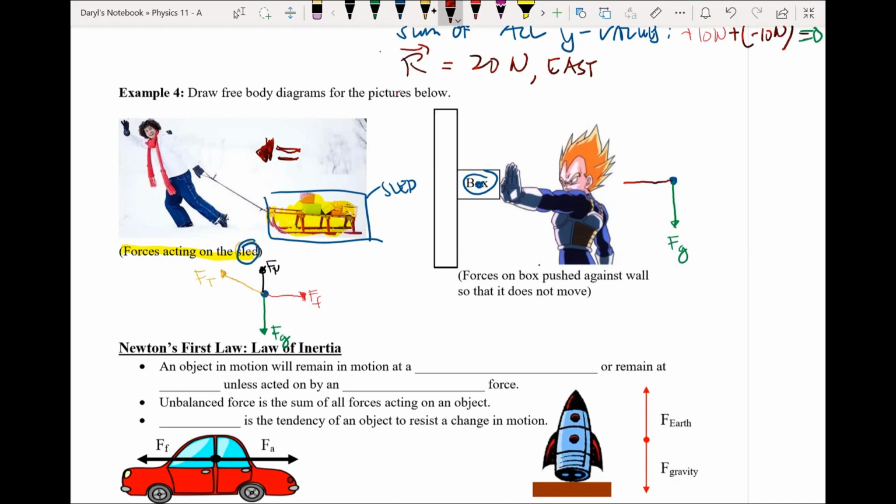Okay, so I'm just gonna call that one Fa, the force exerted by Vegeta. What else? What other forces do you think are acting on the box? Because for sure, in this sense, this object would be moving, because if you can see, the forces are not balanced.